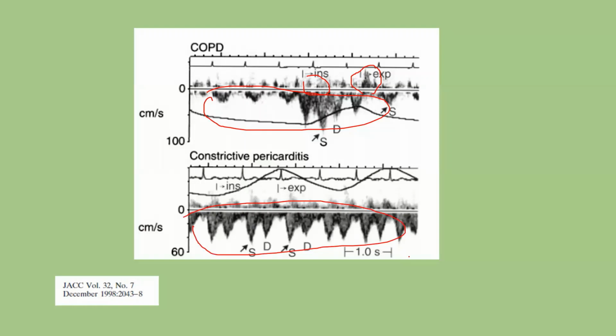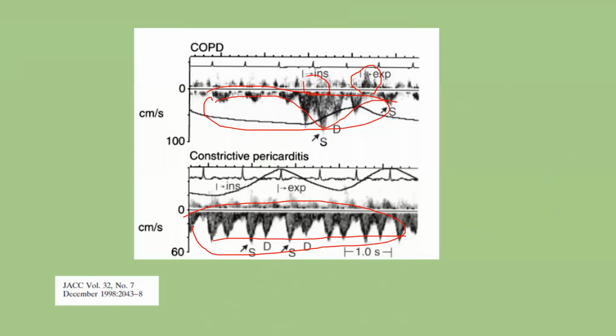This is the forward flow, the flow from the liver, the SVC, the IVC towards the right atrium. It is fixed and doesn't change a lot with respiration in constriction, you see, but it manifests major swings in COPD.